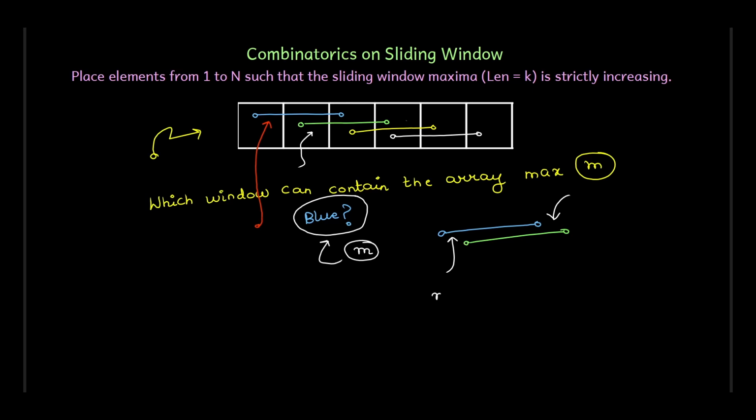Now assume that you removed the maxima. If you removed the maxima from your window, this means that since the maxima is no longer in this green window, whatever the maxima of this green window is will be strictly less than the maxima of the blue window.